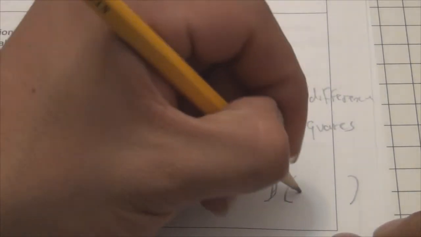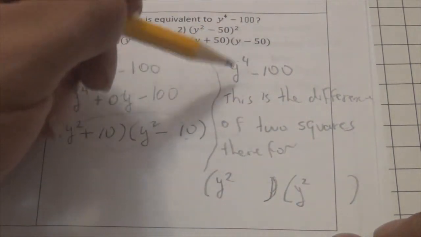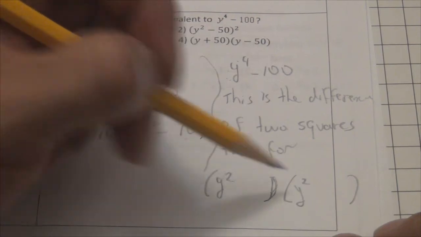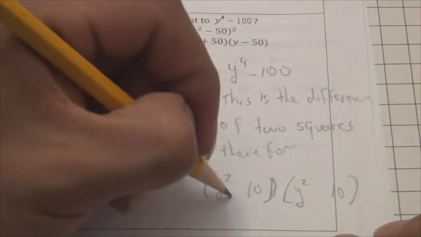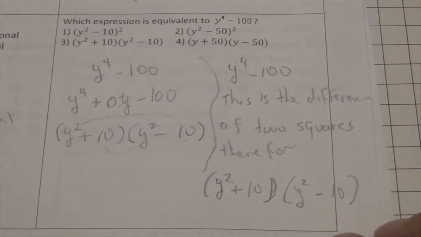The square root of y to the fourth is y squared, so you put it in both. The square root of 100 is 10, so boom, 10, 10. One positive, one negative, and we're done.